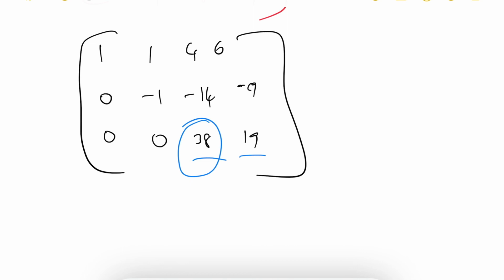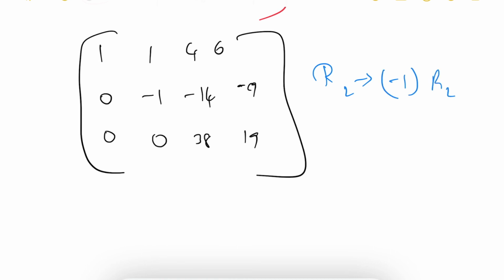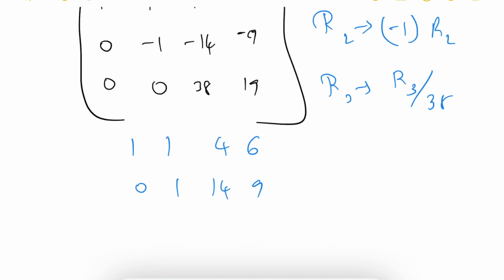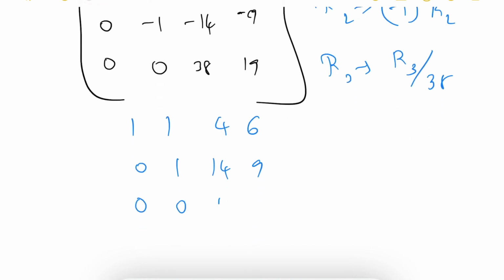So R2 I am multiplying with negative symbol, R3 total I am dividing with 38. Okay, done. So first row as it is 1 1 4 6, second row will become 0 1 14 9, because we are multiplying with negative symbol, so all the symbols will change. Then next third will be 0 0, 38 by 38 is 1 only, 19 by 38 is half.